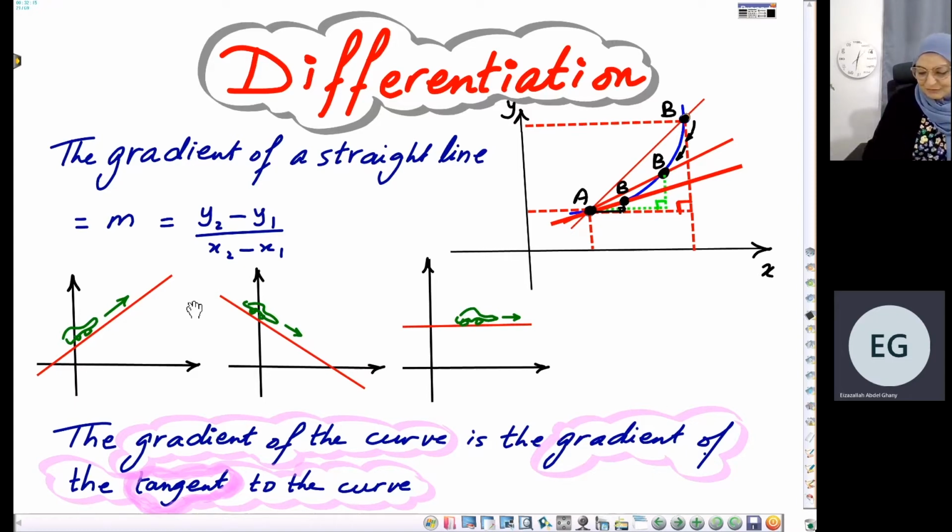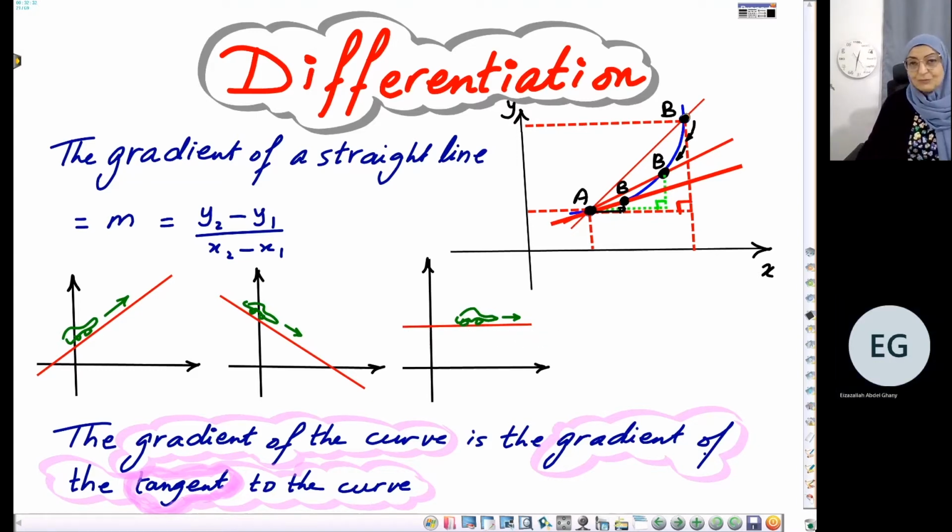Then, in this case, when you're coming from left to right and you are sliding down the hill, it's a negative gradient. In this case, your car is moving horizontally, with no ramps, no going up the hill, no sliding down.